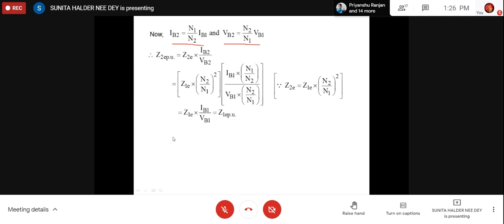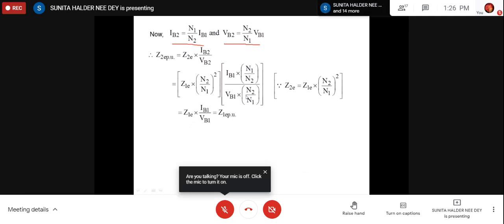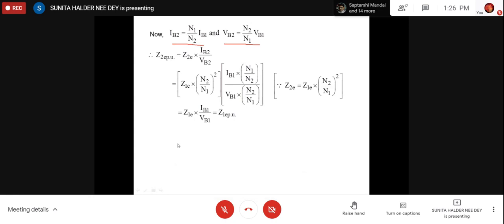Then all the N1, N2 terms will cancel out. It will be simply Z1E into IB1 by VB1, which is equal to Z1E per unit. That means if we represent the equivalent impedance referred to primary or secondary in terms of per unit, the value will be the same.